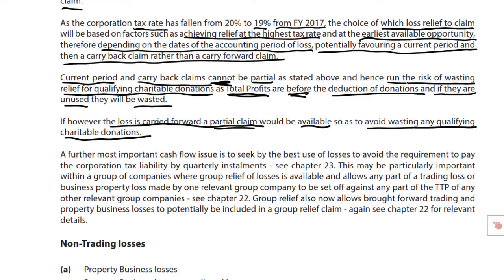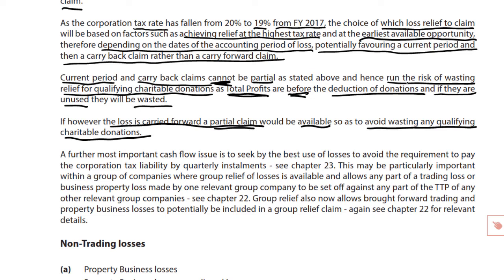Now, while still discussing the issue of, so what are the objectives, what are we trying to achieve? Yes, there's a range of options. We've got the basic gist of that now, current period, carry back or carry forward claims. What are these objectives? Well, we've seen, like we did in income tax, relief at the highest rate, relief at the earliest available opportunity, i.e. a cash flow advantage using the loss sooner rather than later.